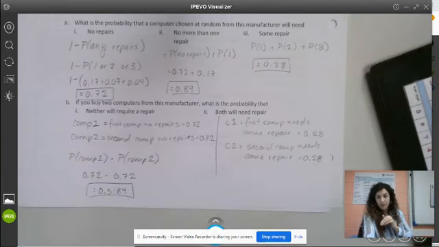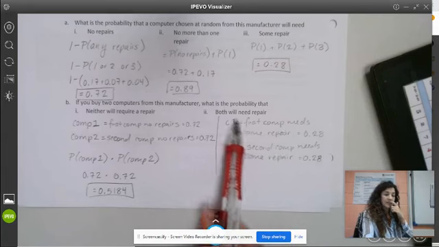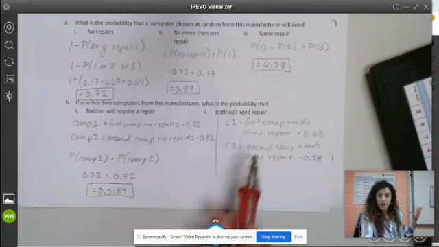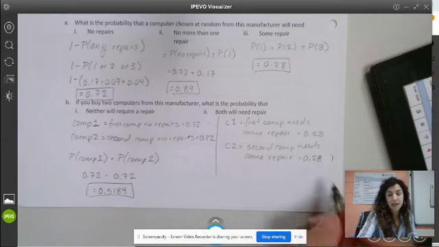So if both of them will need some repair, that means that the first and the second will have some sort of repair. Whereas if they had said, what's the probability that one of them will need a repair, then it starts to get a little bit more complicated.